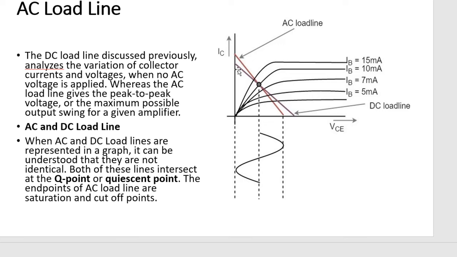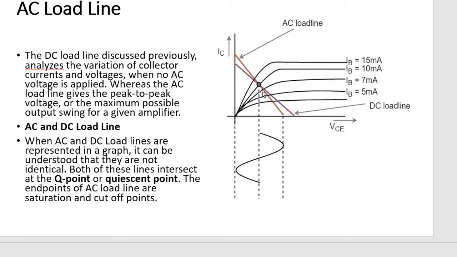We can see here, this is the previous DC load line. Now the AC load line has shifted somewhat to the right, and the slope is different. The AC load line and DC load line will not be the same. DC load line means we are not applying an input AC signal, but the AC load line is the load line obtained when an AC input signal is applied.